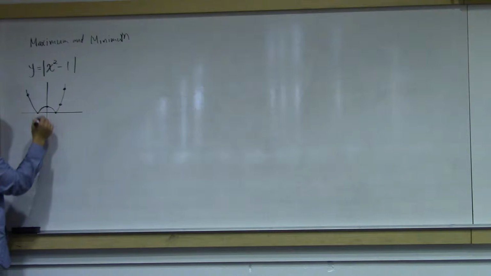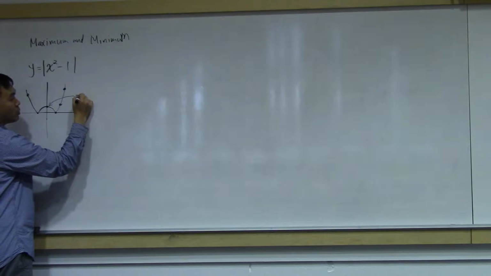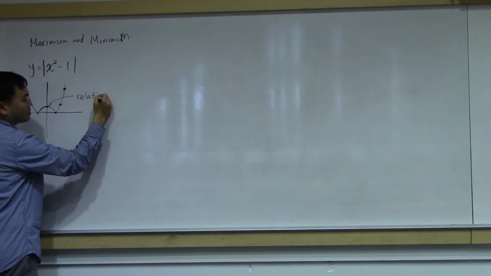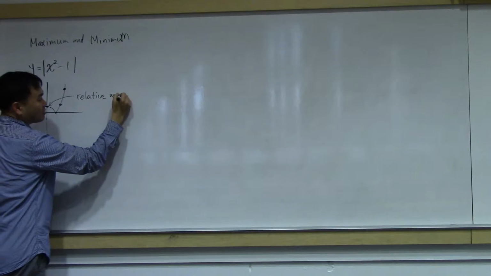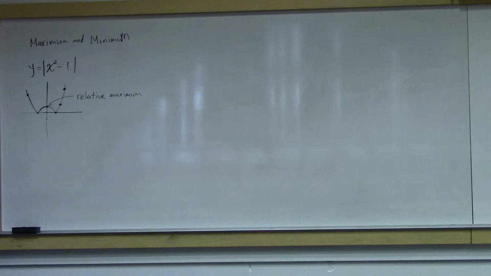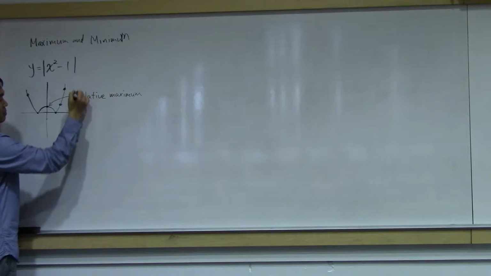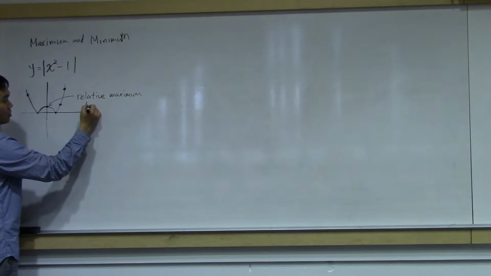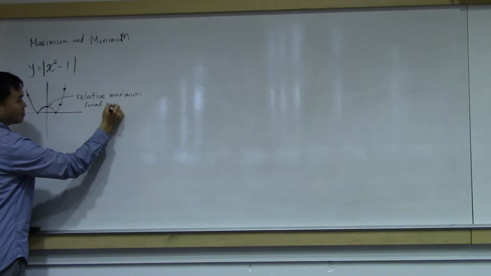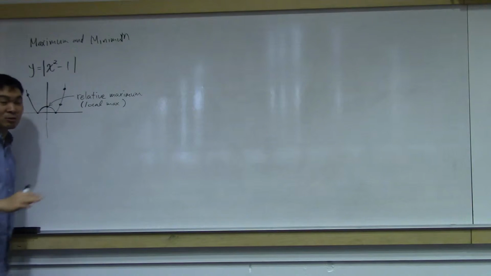This point here is called a relative maximum, meaning that it's bigger than the nearby points. Another name that some people use is local maximum. That's another way people call this point. But we will try to stick to relative maximum.